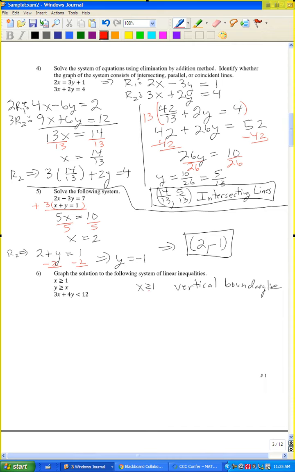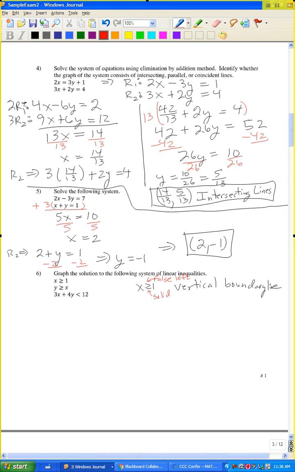This will be a solid boundary line, and this will be true to the right. Maybe I will shade it where it's false. So this is true to the right, so false to the left.